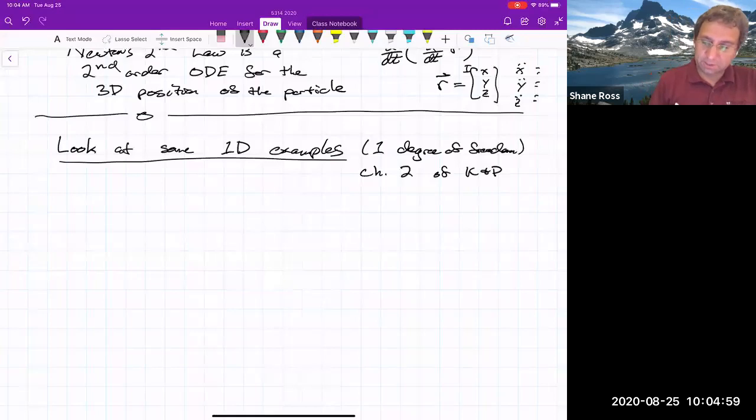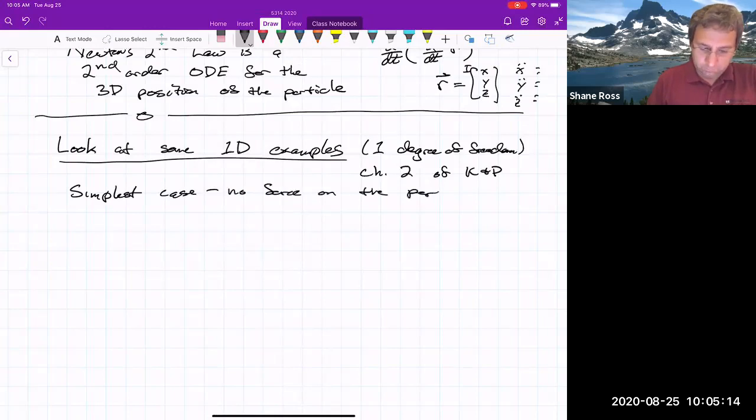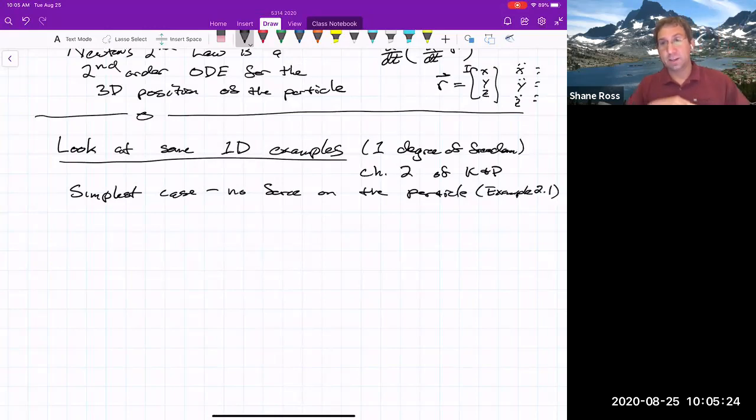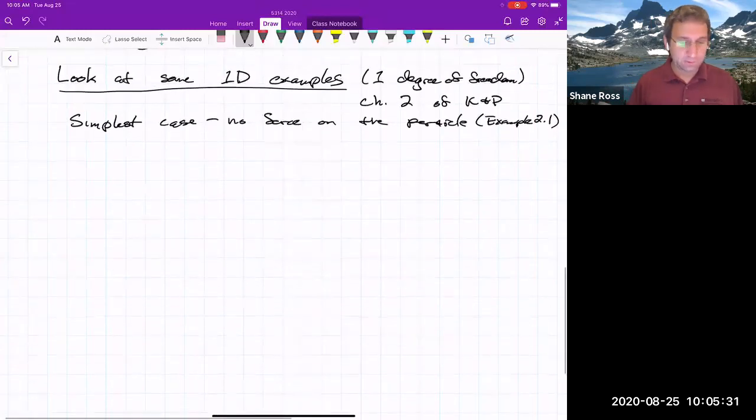Okay, so we'll look at the simplest case, which is no force. So this is in the book as example 2.1. They've got these sort of quick things they call examples, and then kind of longer, more elaborate examples they call tutorials. And it's good to look at both of them because they'll really help with understanding the material and doing homeworks.